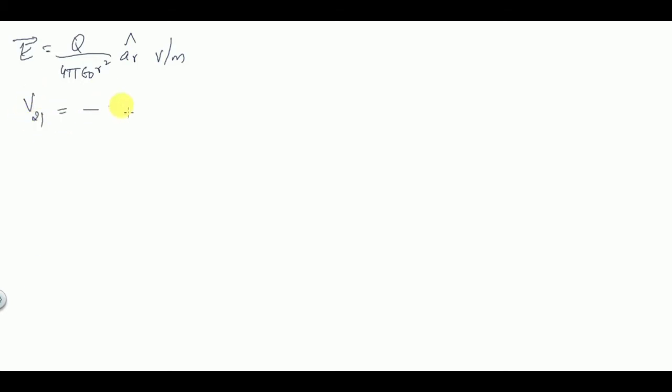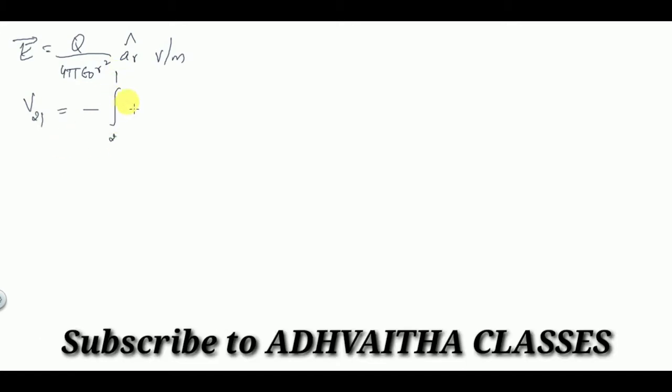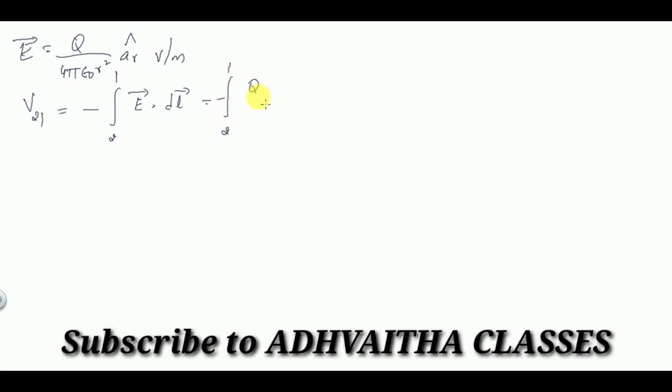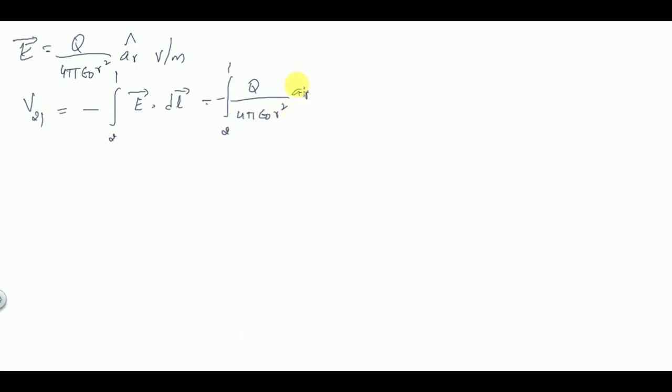V21 is given by minus integral from 2 to 1 of E bar dot dl bar. So minus integral from 2 to 1, with E bar given by Q by 4 pi epsilon naught r square AR cap.